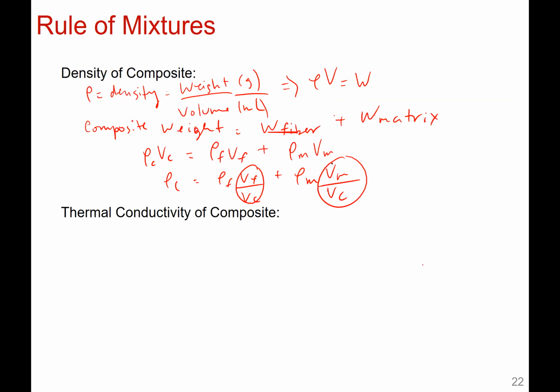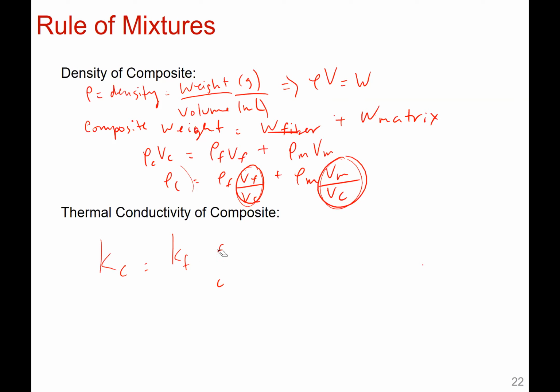It's just some linear combination where your density is weighted. Density of the composite is the density of the fiber times the weighted averages based on the volume fraction. Thermal conductivity, same thing, right? Thermal conductivity of a composite is just the thermal conductivity of your fiber times the volume fraction. So if you see this, that's obviously the volume fraction.